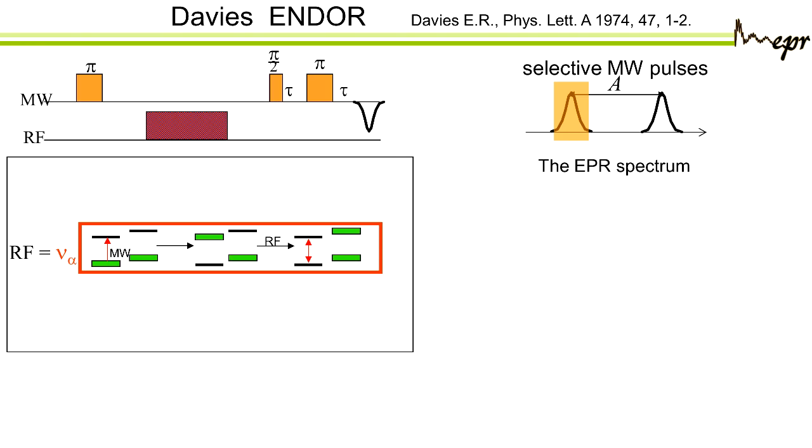So now we come with a microwave pulse that is selective, and we give a 180-degree pulse. What it does is invert this particular transition, right? Now if it inverts this particular transition, and I did nothing else, just an echo detection, I would see a negative echo, right? Because it's in emission, I have the upper one.